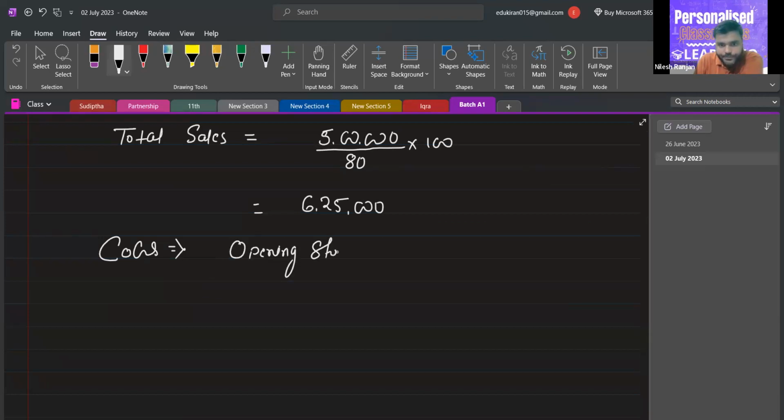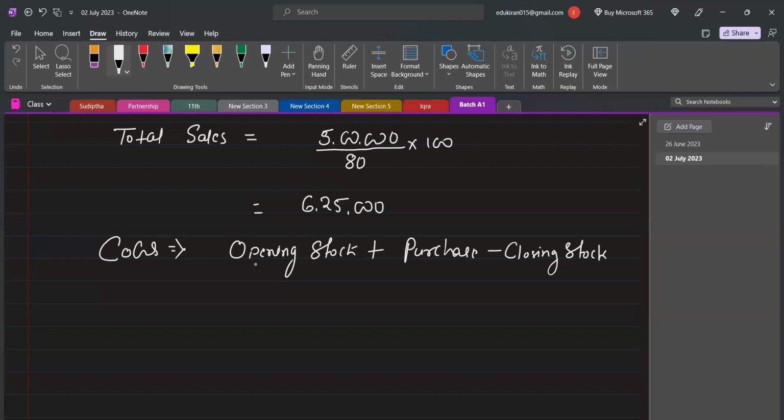Opening stock plus purchase minus closing stock. So it is saying that closing stock is more than opening stock. Yes? Yes, sir. But here, if you can see, we are actually using opening stock minus closing stock.